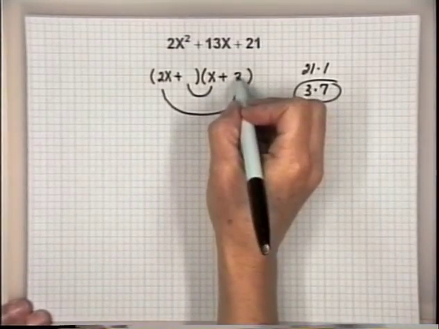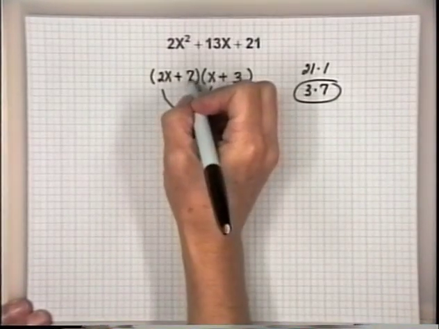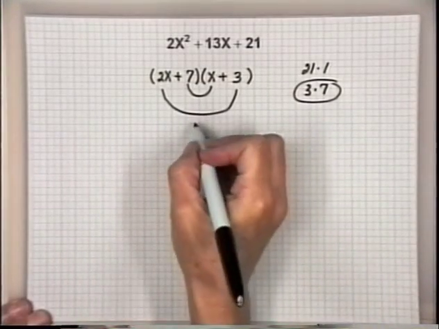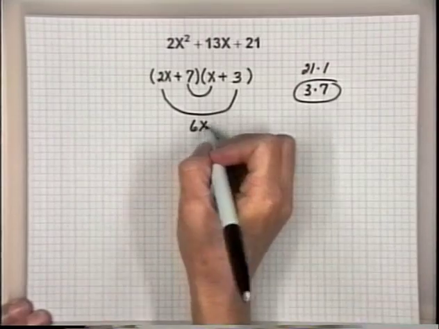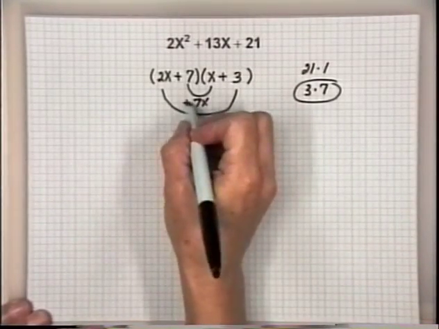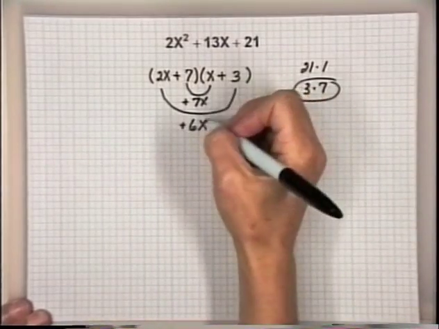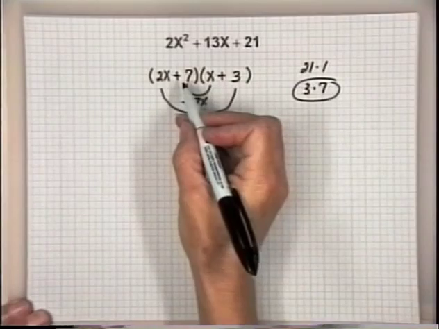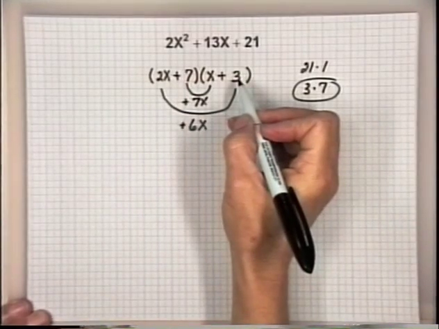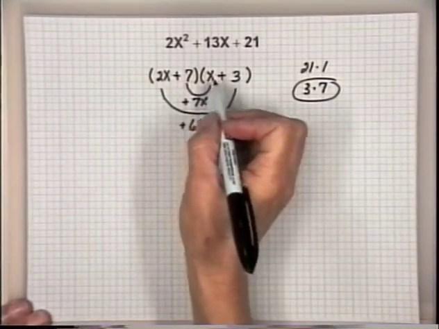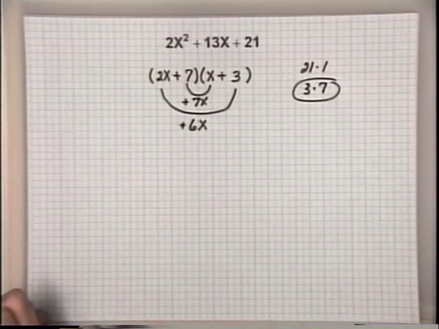So I think I would rather try the 3 here and the 7 here. My outside product here is 6x. The inside product is 7x. These are both plus signs. Adding those together, we have 13x, and positive 7 times positive 3 is a positive 21. So these two factors do give us the required polynomial here.